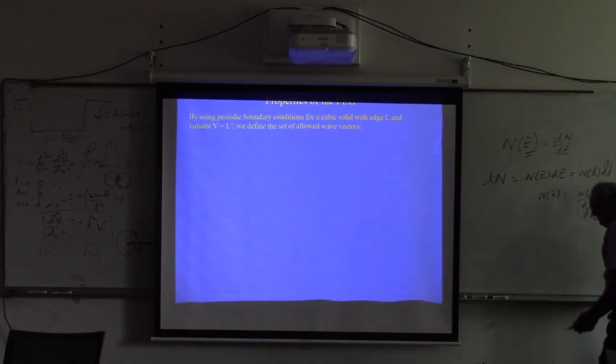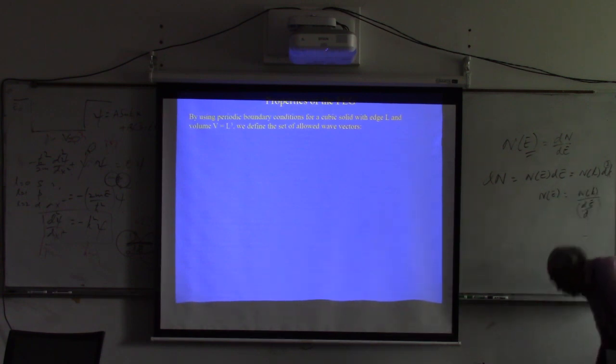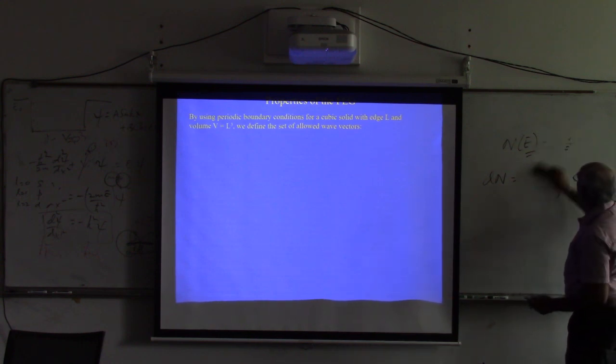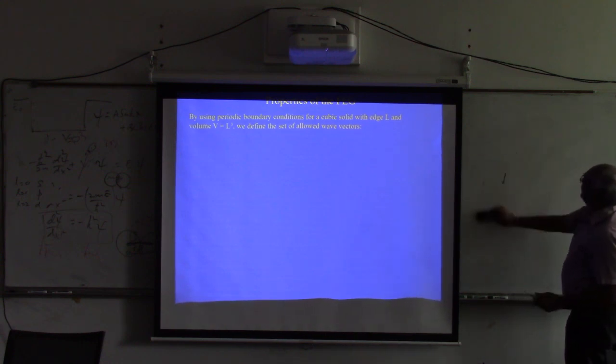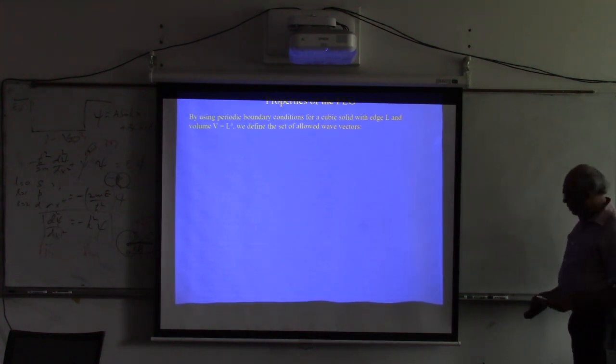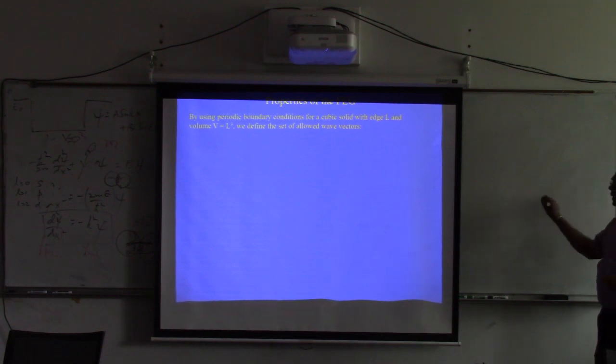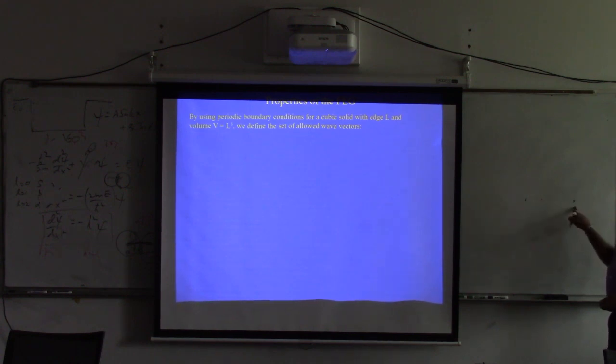That's the same thing we are going to do, but first we need to create the k-space. In phonons, how did we do the k-space? We just took the linear chain and bent it so that the first and the nth one coincide, and then we used the boundary condition.